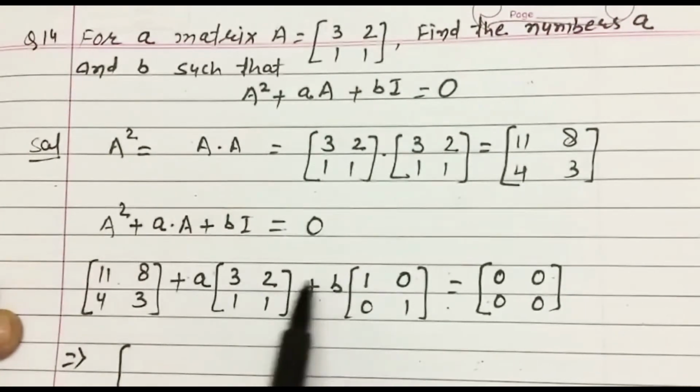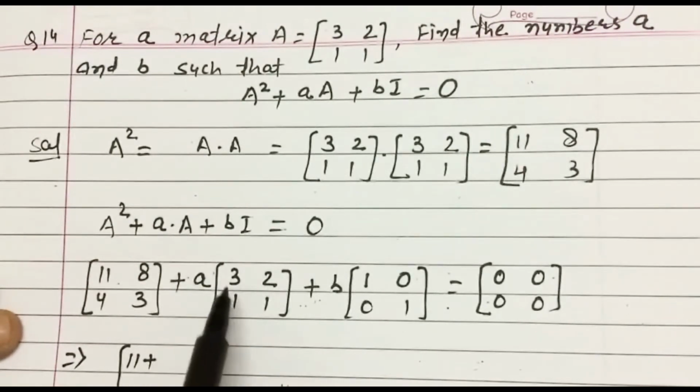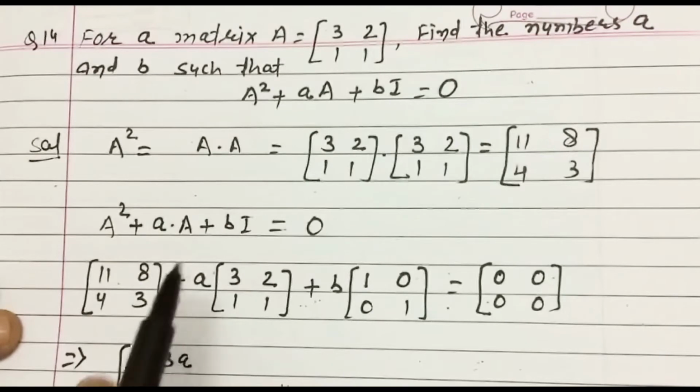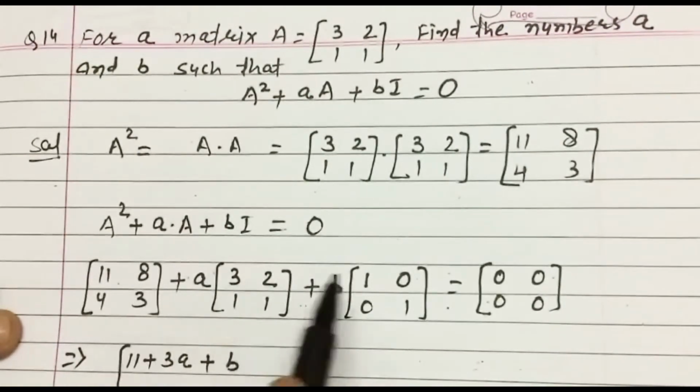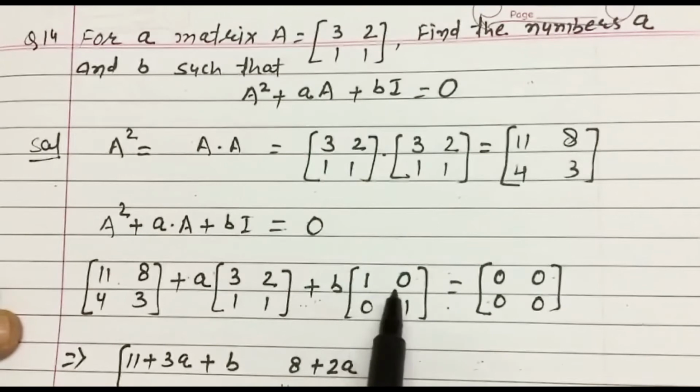Now add these elements. We will get 11 plus A into 3, it's 3A, and here plus B. For the second element, it's 8 plus 2A and B into 0, it's 0.